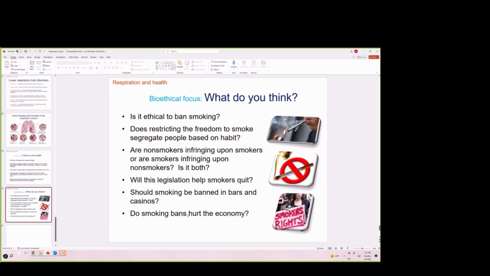So I asked, does restricting the freedom to smoke segregate people based on habit? Can we also ban people from drinking too much soda? If you ban me from smoking, if you say that I smoke and I will cause your insurance premiums to increase, because I share insurance with you, am I also going to say we should restrict you from drinking soda because soda is bad for you? It can cause your blood sugar level to go high.